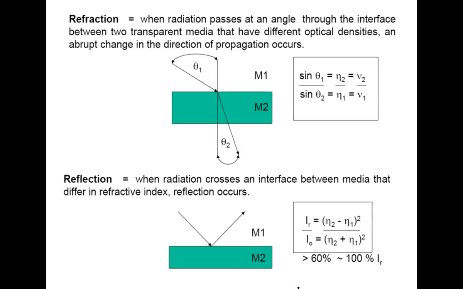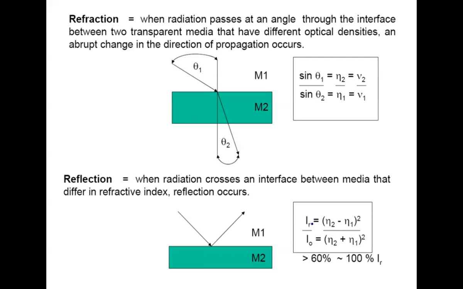And again, you can see the reflected, IR over I naught. What is I again? The light beam that's reflecting, like after the reflection.